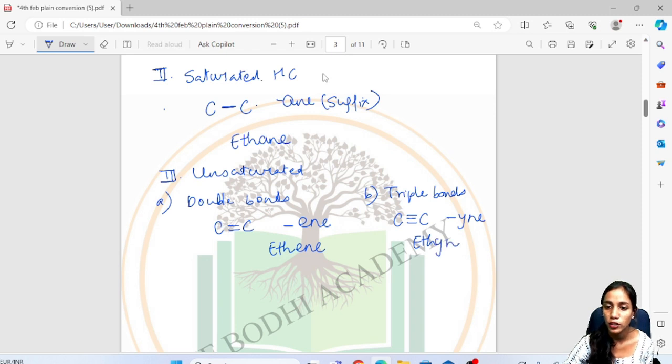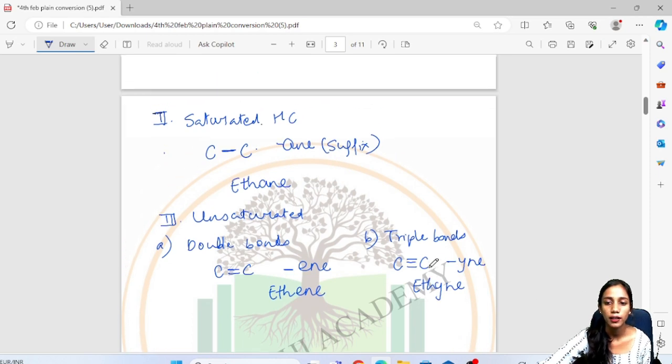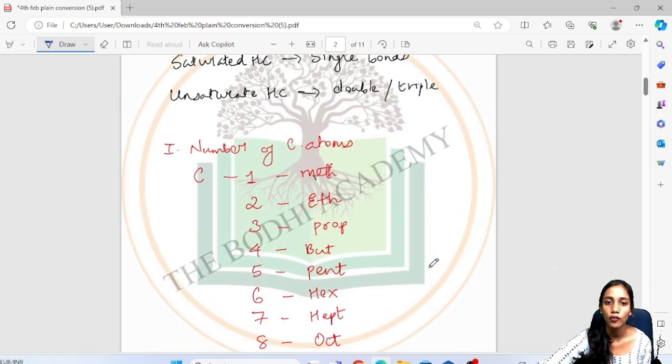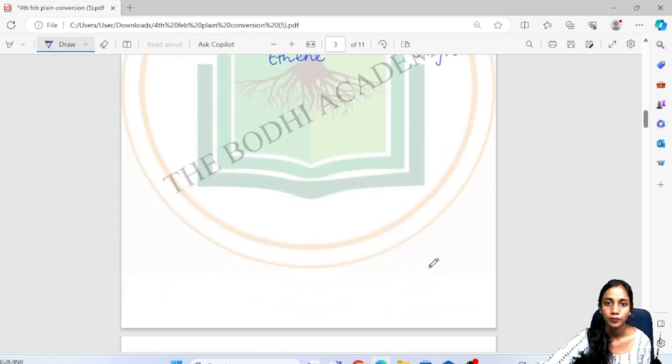So the name of the carbon compound is ethyne. So for saturated hydrocarbons having a single bond, you add ANE; for unsaturated with double bonds you add ENE, and with triple bonds you add YNE. This is how the naming of hydrocarbons is done.